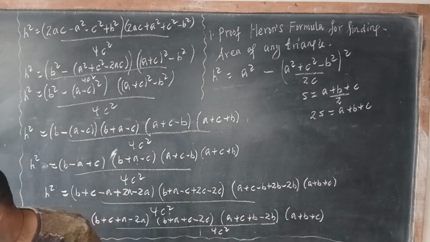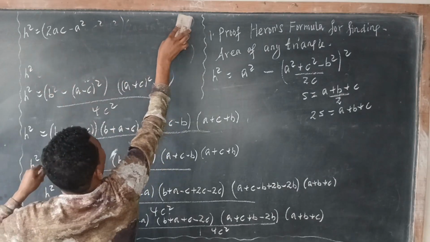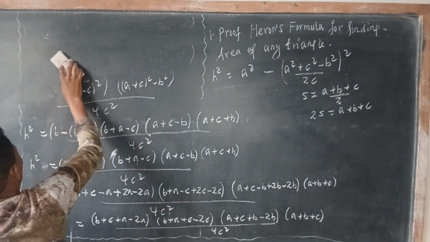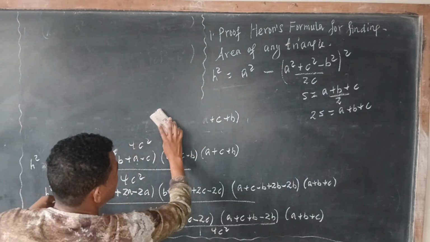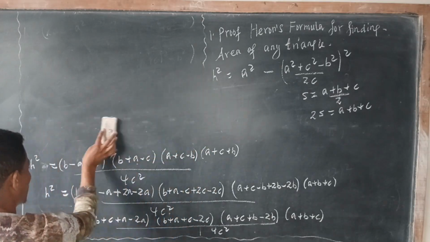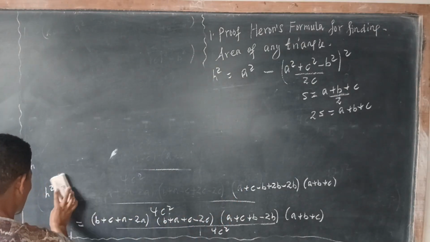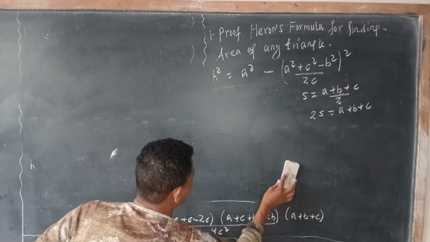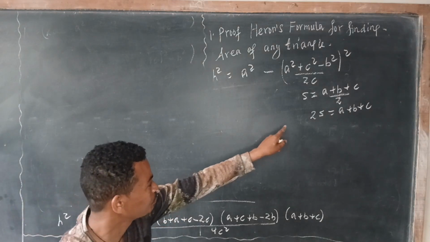Okay. Now this one is h square, okay? b plus c plus a, that is 2s.